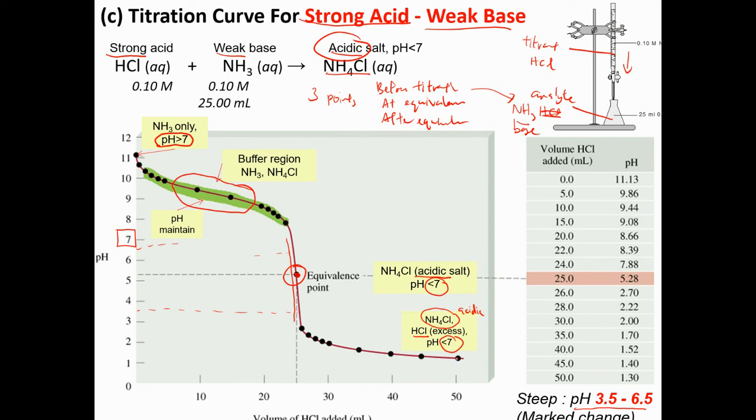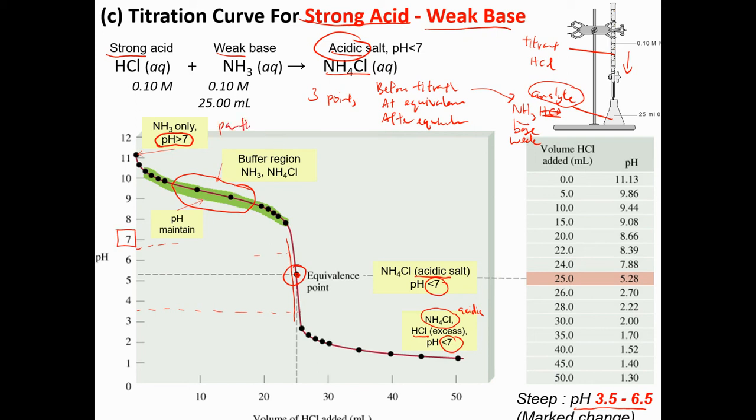So again, remember, for strong acid and weak base, you have to see which one is in the conical flask, which one is the analyte. If you have weak base as the analyte, you cannot calculate the pH as pH equals to 14 minus pOH, where pOH equals to negative log concentration straight away. This is a weak base.